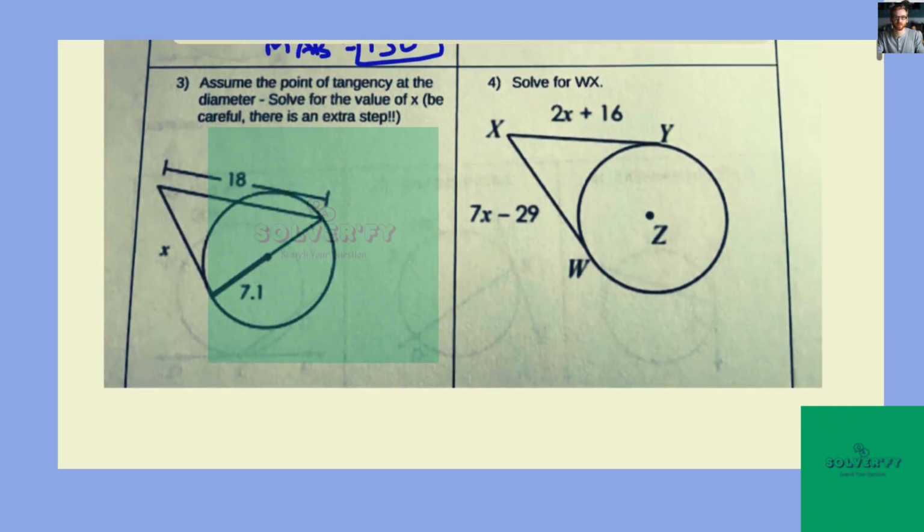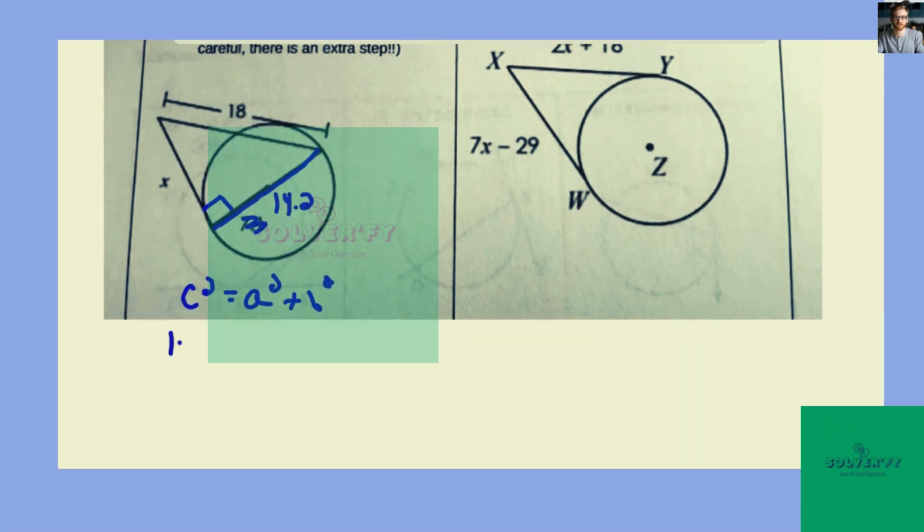In number 3, the point of tangency creates a right triangle. If the radius is 7.1, the full side would be 14.2, and we can use the Pythagorean theorem. C squared equals A squared plus B squared, where C is the hypotenuse, which would be 18 away from the right angle, equals x squared plus 14.2 squared.